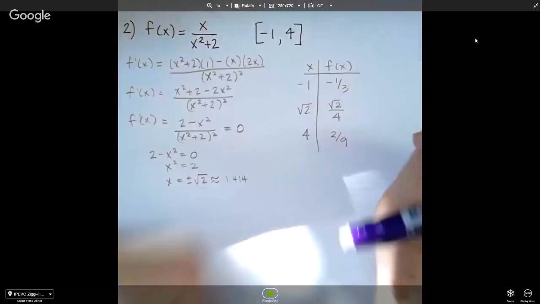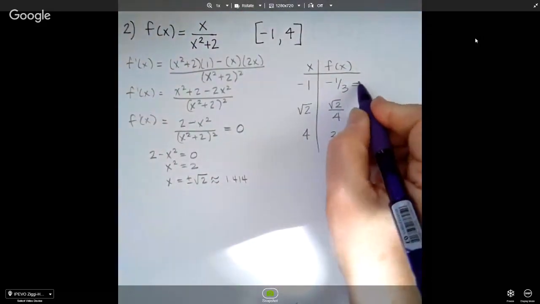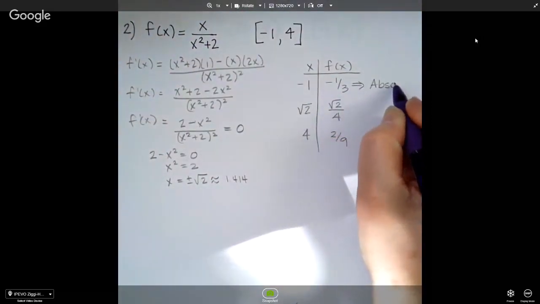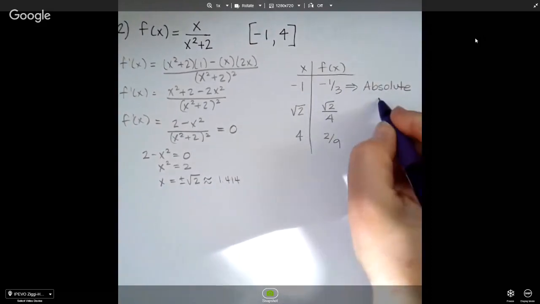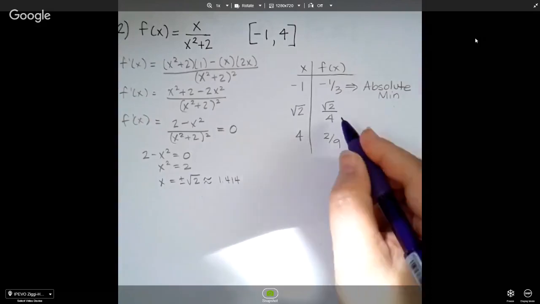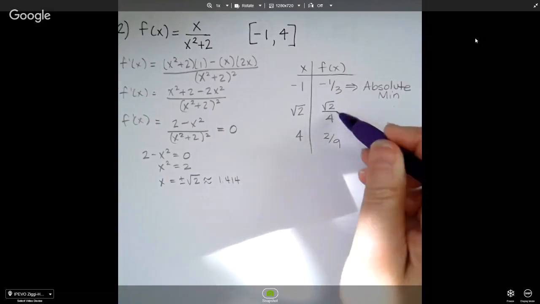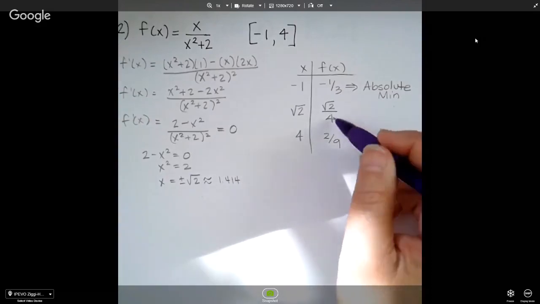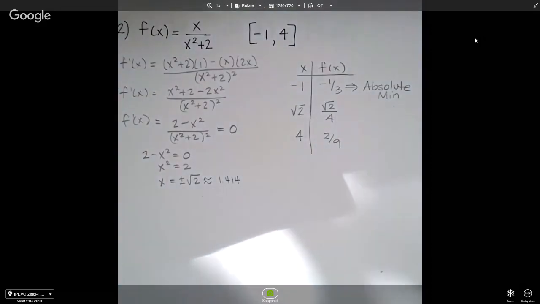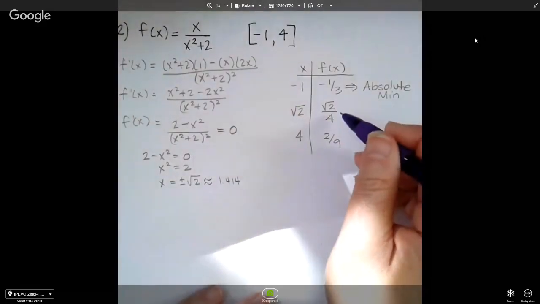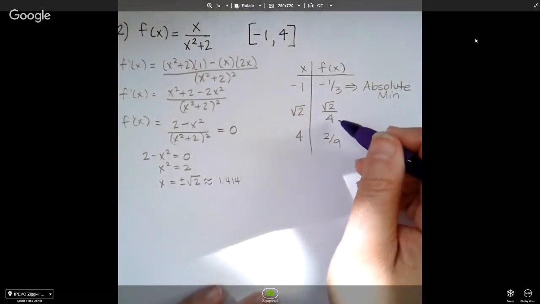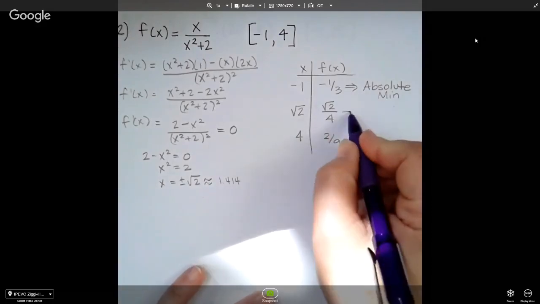All right, so comparing these y values, you all can agree, I'm sure, that this is going to be the absolute min. Now, there's some concern as to which one is the bigger number here. Well, 2/9, and this is going to be 1.4 over 4. And believe it or not, this is going to be the largest number.